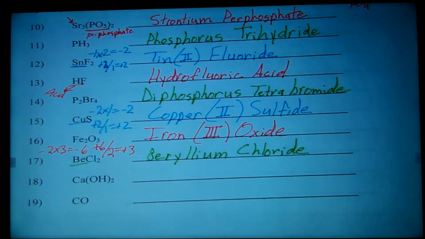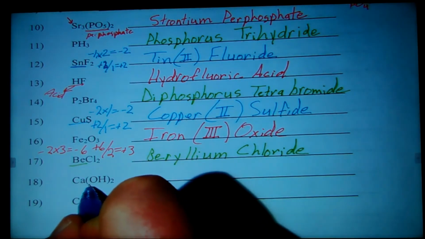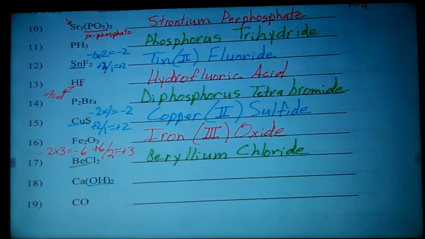Let's go to 18. 18, we have Ca(OH)2. Dead giveaway here. First off, you see parentheses, which means you're dealing with a polyatomic. If you don't want to think of it like that, you can do like me and say I got 3 elements, so I have to have a polyatomic present. Find the polyatomic. I made it easy for you. It's in parentheses this time. OH. Looking at the bond, it's an ionic bond because calcium comes from the left, and then you have the polyatomic.